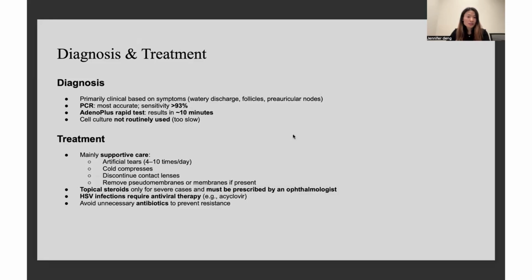Topical steroids may be used only in severe cases and must be supervised by a doctor. If the infection is caused by herpes simplex virus, antiviral therapy is required. Antibiotics are not helpful for viral conjunctivitis and should be avoided to prevent resistance.